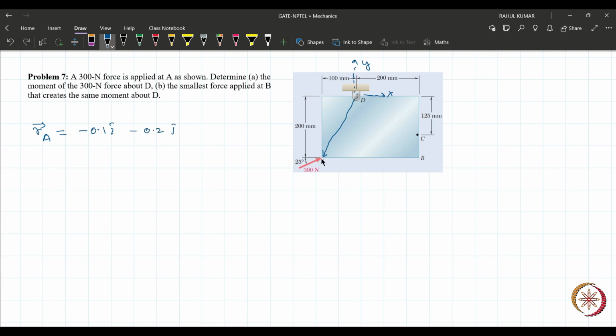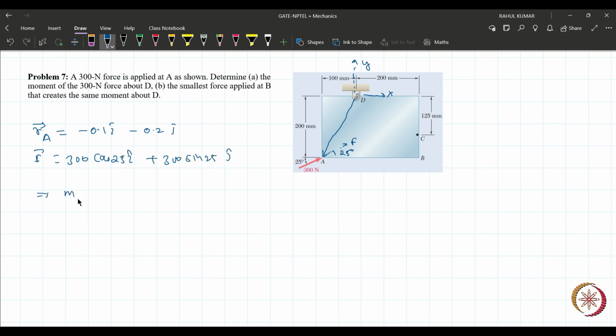What is the force component? You extend like this. If this angle is 25, this angle is also 25, then what is the force component? Nothing but 300 cos 25 i cap plus 300 sin 25 j cap.